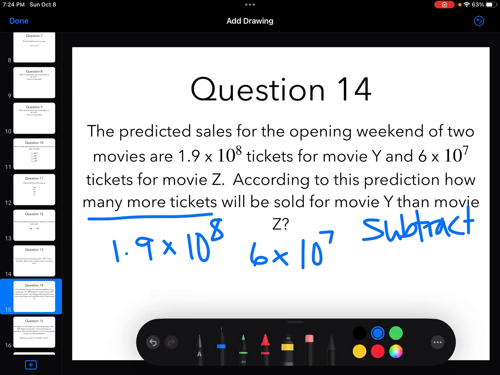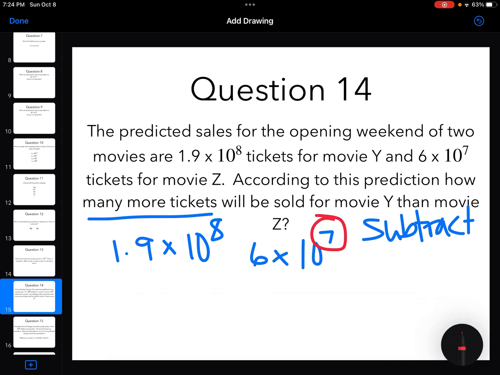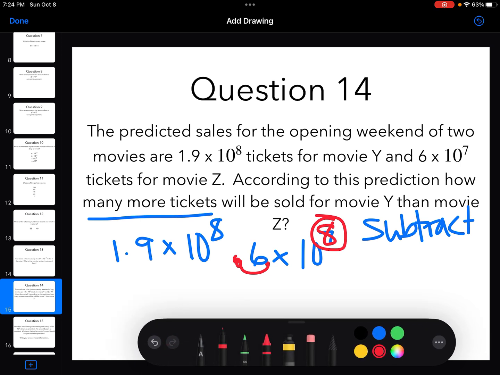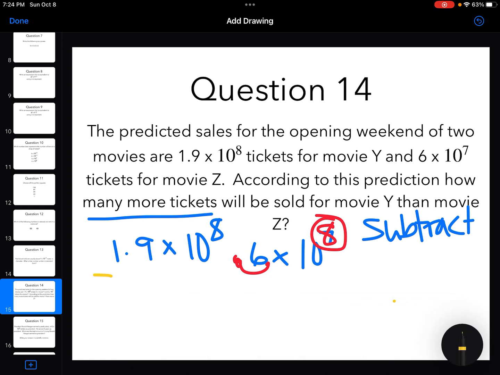You have to change the exponent that's lower. So I'm going to take my decimal, move it over 1, change that to an 8. Then I'm going to subtract my 2 multipliers. So I end up with 1.3 times 10 to the 8th power.